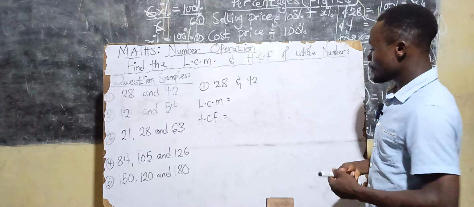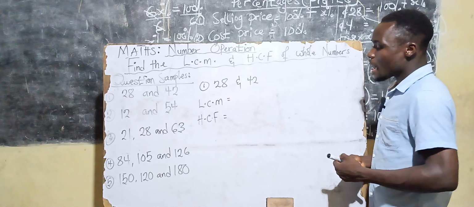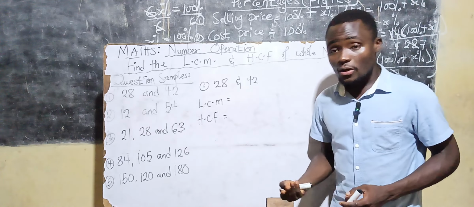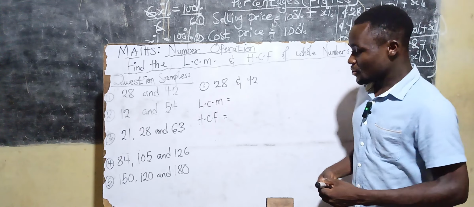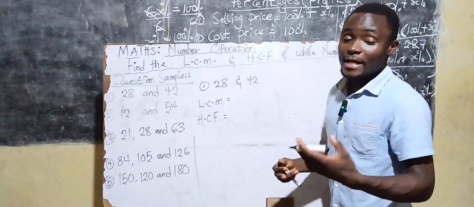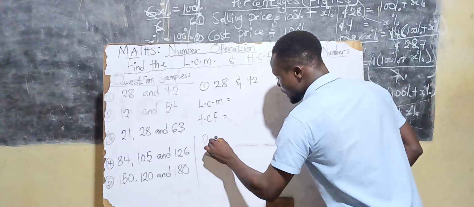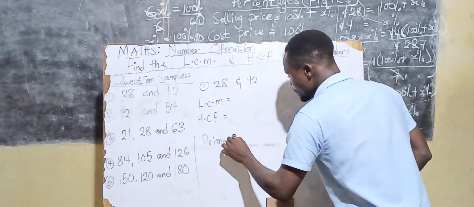All right. So with respect to the table and division method, I am going to employ the use of prime numbers. So kindly help me list down my prime numbers here because I'm going to use them very well.